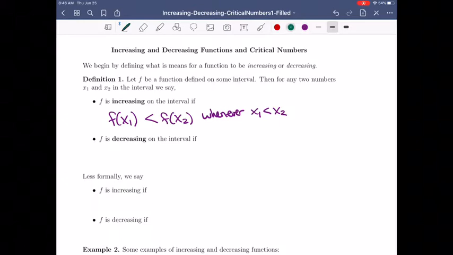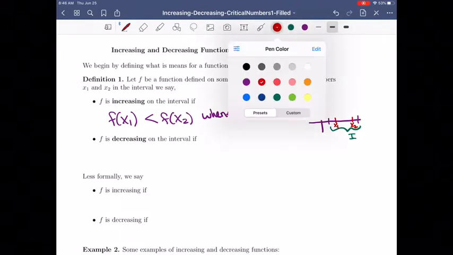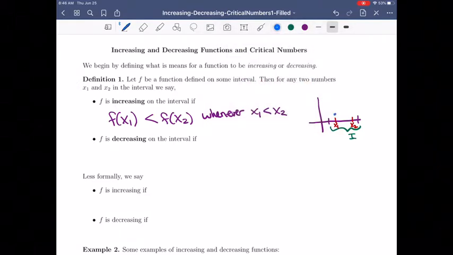If I draw you a picture over here, maybe my interval is like that. Maybe I have x1 here and x2 over here, so x1 is less than x2. What this says is that the y value of x1 is less than the y value of x2.